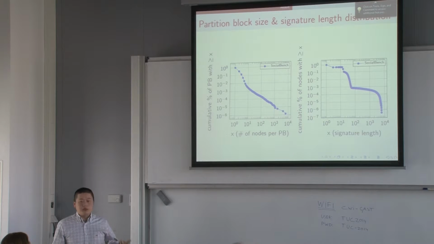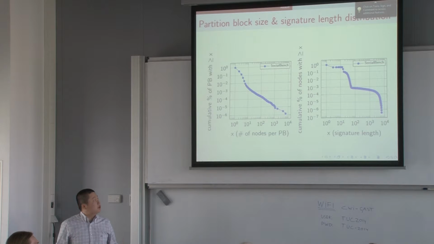Then we go into the bisimulation results. We see that the partition block size of the bisimulation result does follow the power law distribution. But the signature length does not. Signature is kind of the neighborhood information each node has, so it is closely related to the out-degree of the original graph.